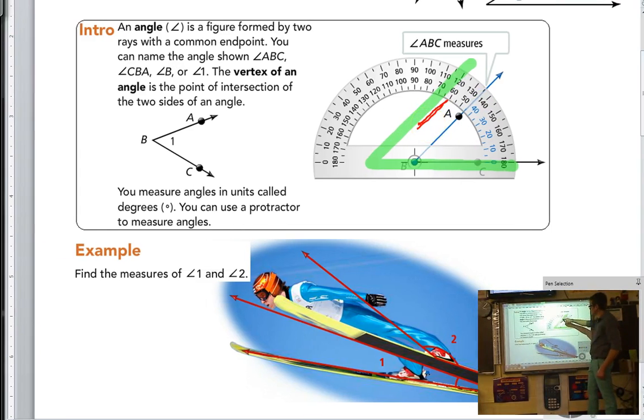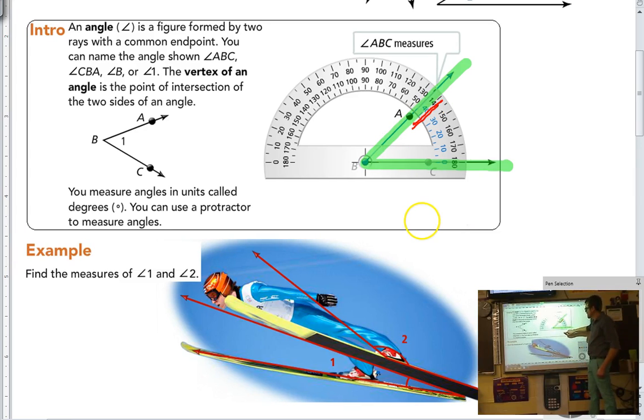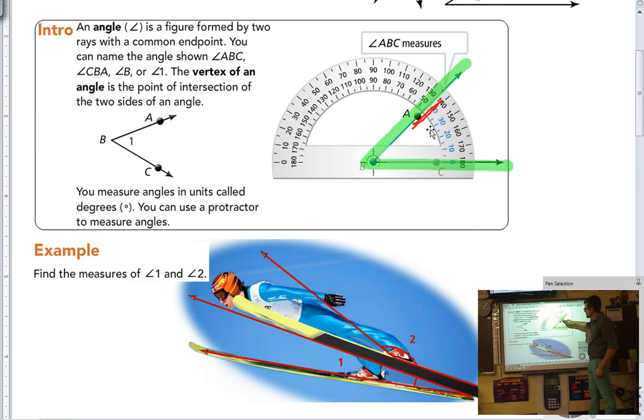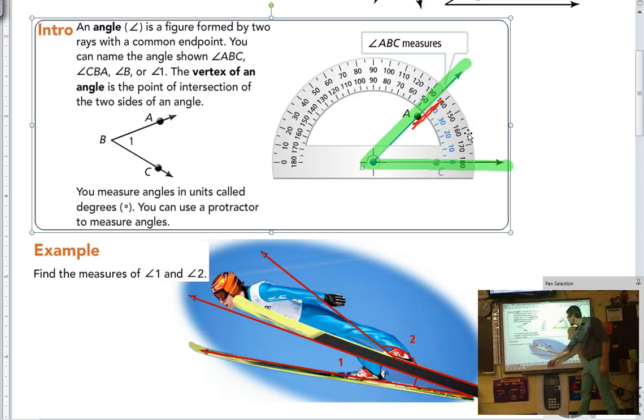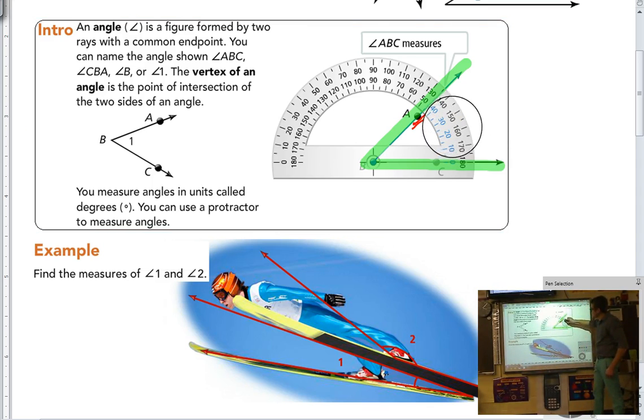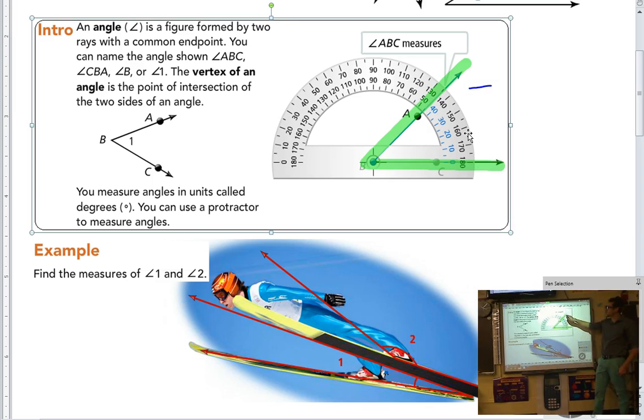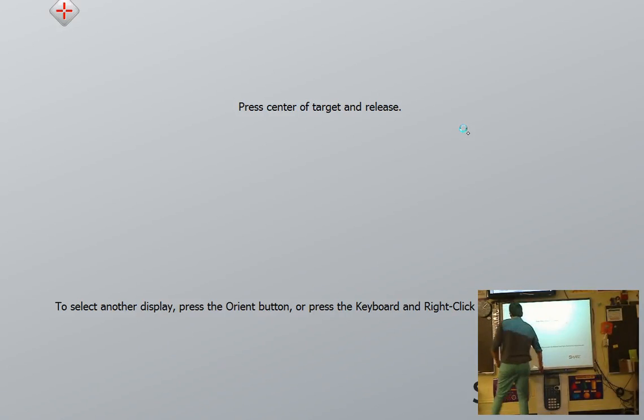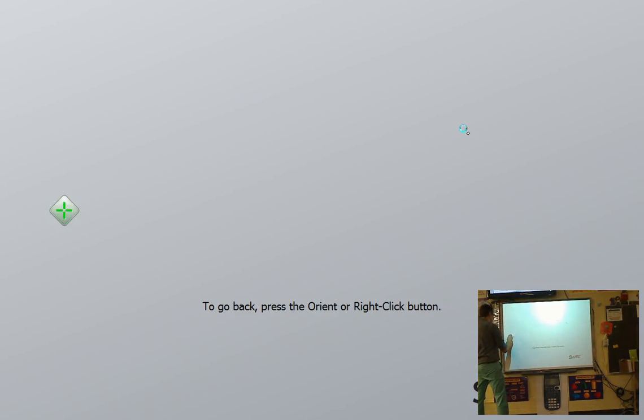If my smartboard was cooperating, this would be working right. My red is not in the right location. So if you look at where your line goes through, I have two different numbers there. I have the number right between 40 and 50, which would be, what's right between 40 and 50? 45, right? What's the other number that it goes through?